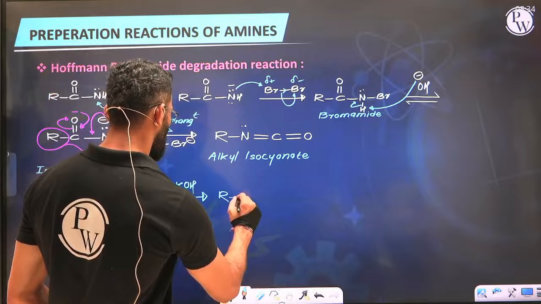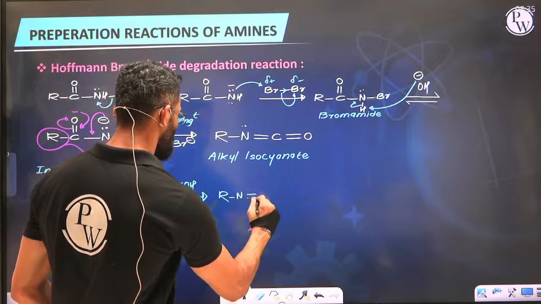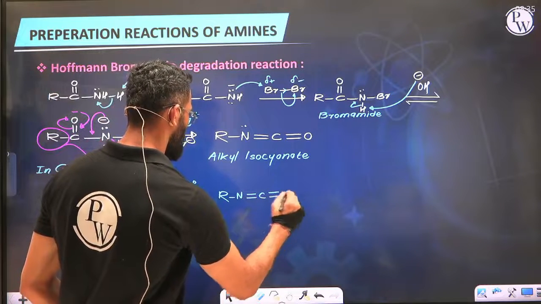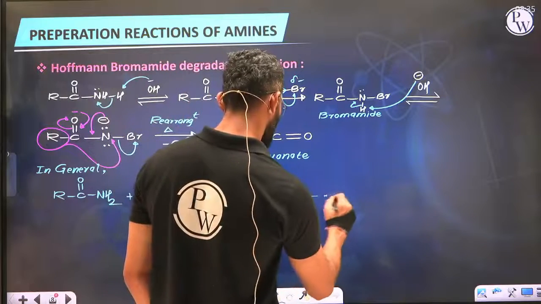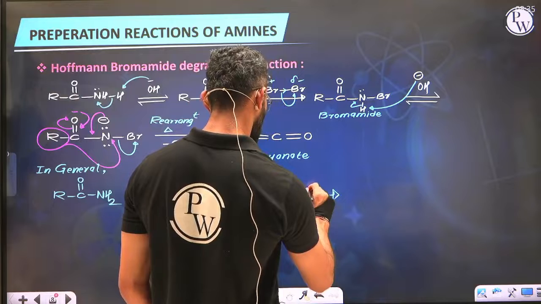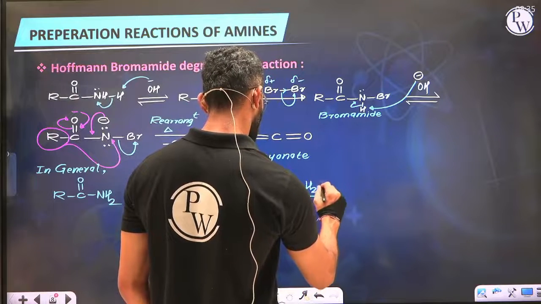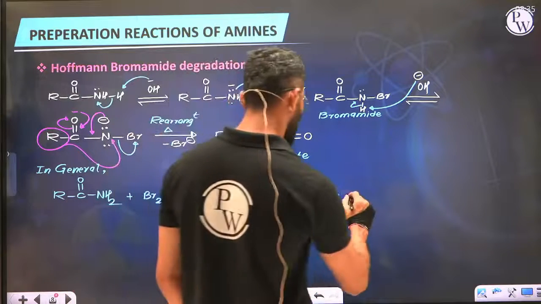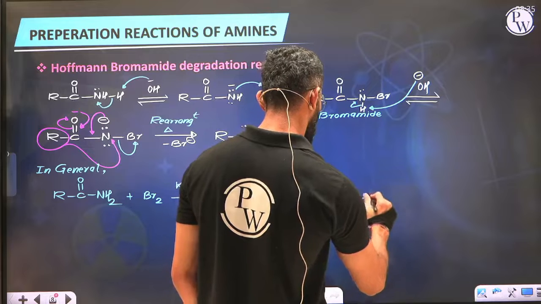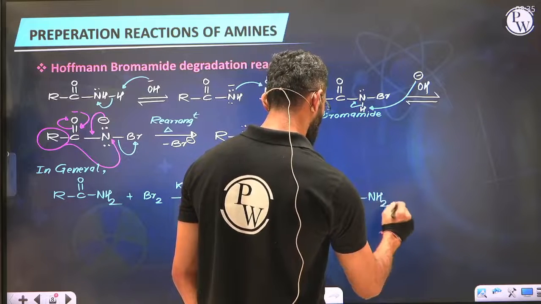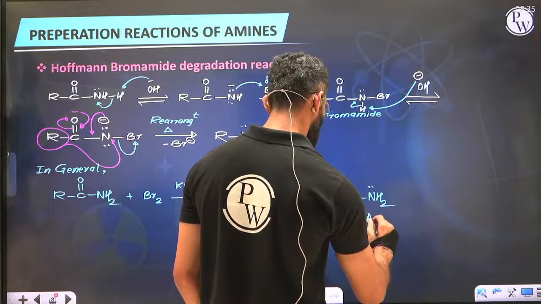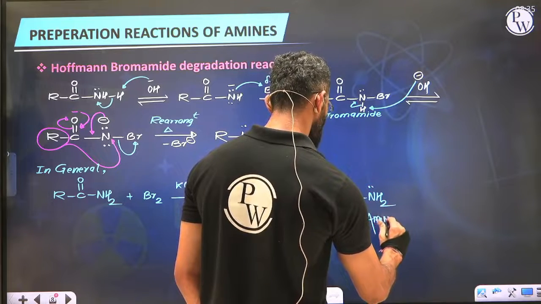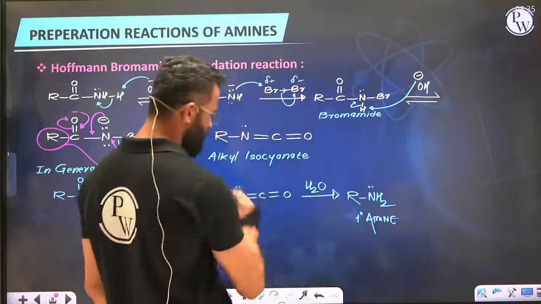So we have got RN=C=O. And just now we saw once this is hydrolyzed, this rearranges to form RNH2, that is primary amine, along with loss of CO2.